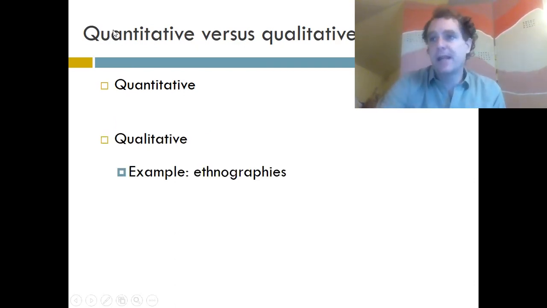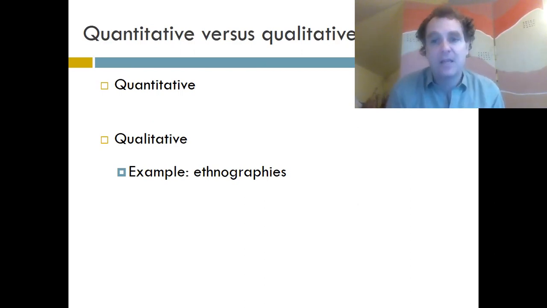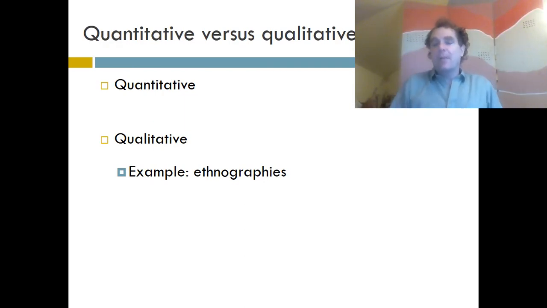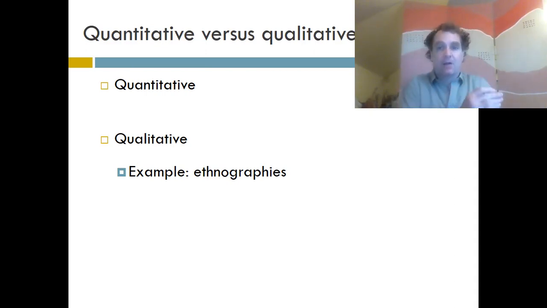Qualitative research, on the other hand, is not doing that, right? Qualitative research does not turn it into numbers. Rather, it keeps it as whatever the data you have. And so basically the difference is a little bit of the emphasis. Quantitative research is looking for breadth, a wide range of data points.